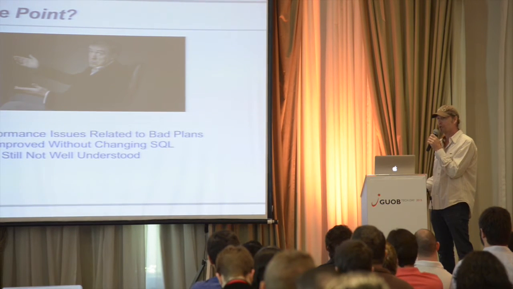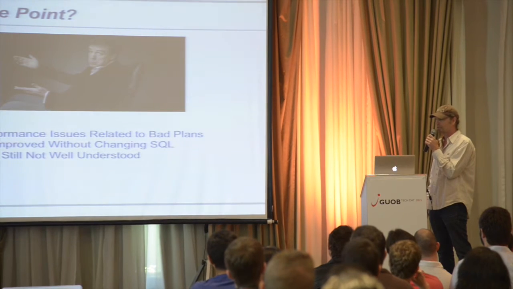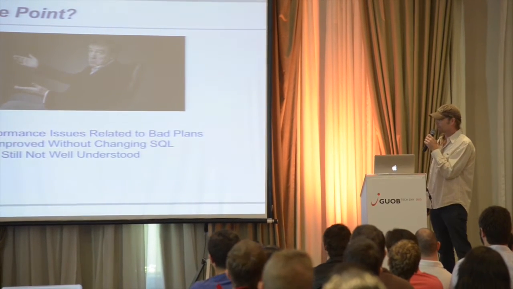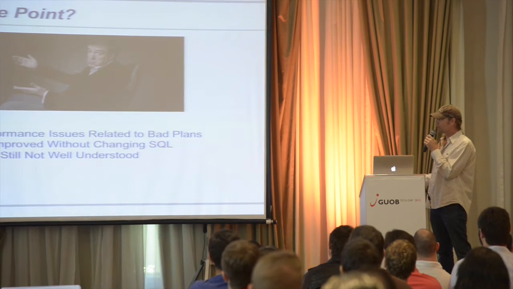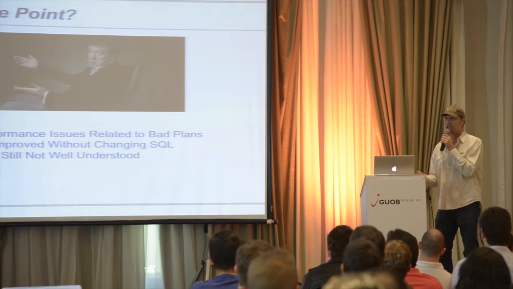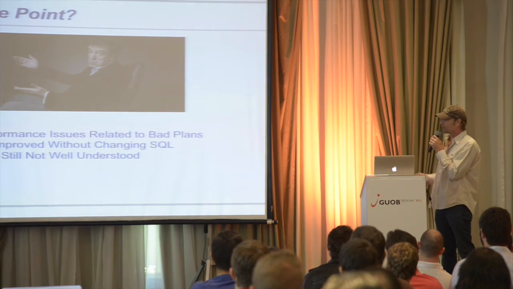So a lot of times when we're having problems with Oracle, it's because the execution plan is not the best that we could get. There are many techniques that we can use to try to get better execution plans. It doesn't necessarily have to involve changing the SQL itself, and so we're going to talk about some of those.